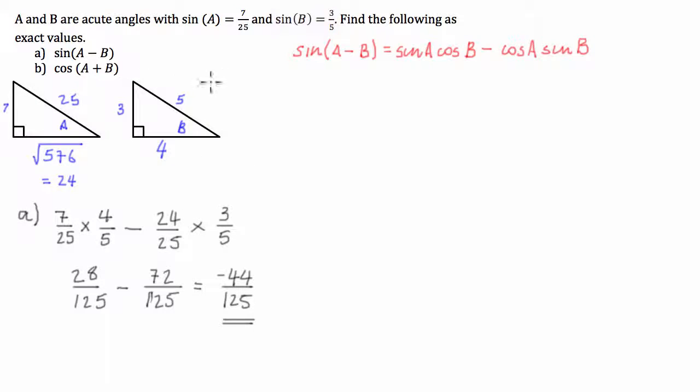Now, for part B, the cosine of A plus B. I'm going to change back, and we're going to need another trigonometric identity: the compound angle formula for the cosine of two angles.